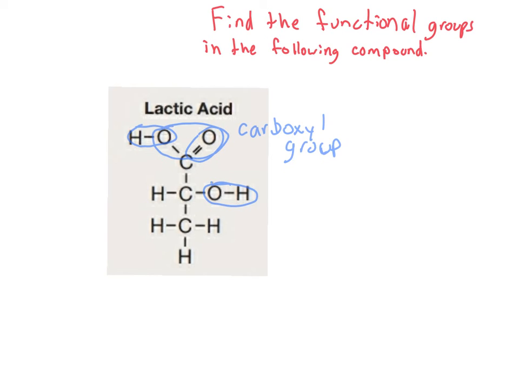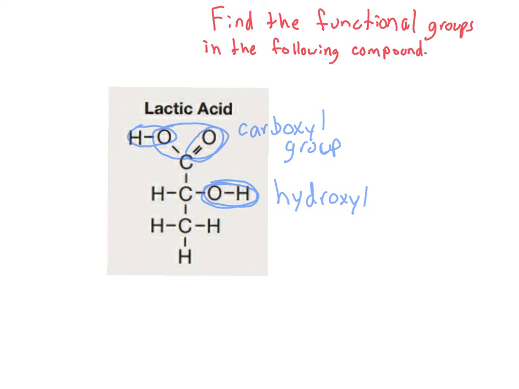And then I also see just an OH alone here. There is no double bond to oxygen coming off of this carbon. And so this one would be the hydroxyl group. So this particular compound is both a carboxylic acid and an alcohol. It has properties of both of those.